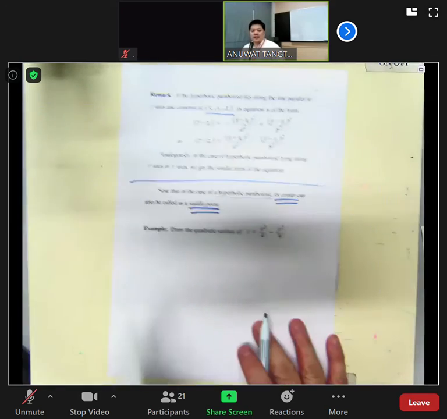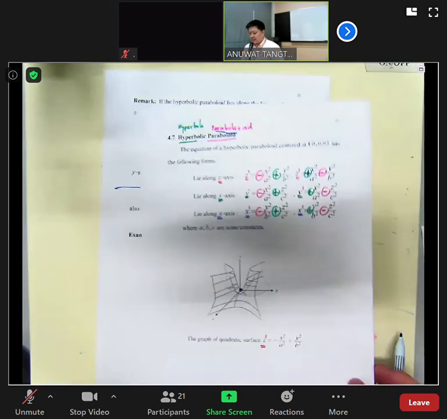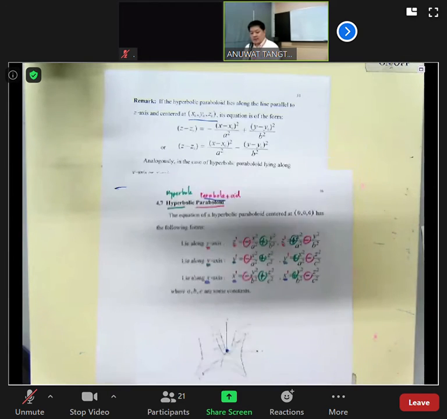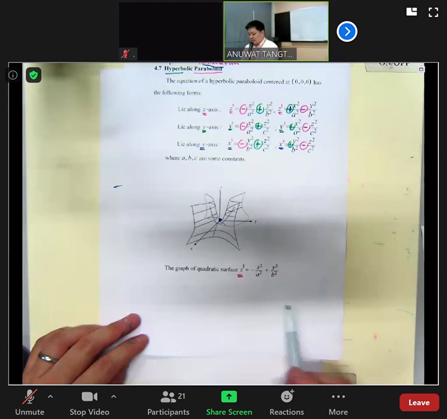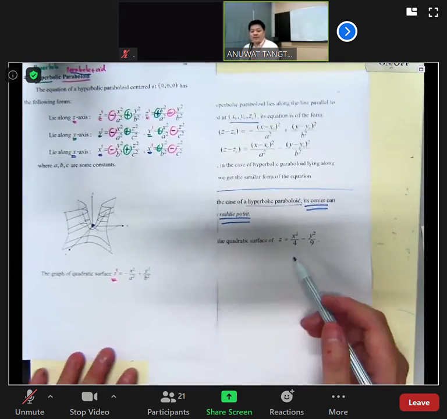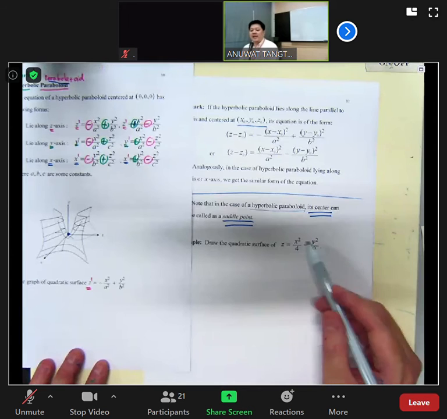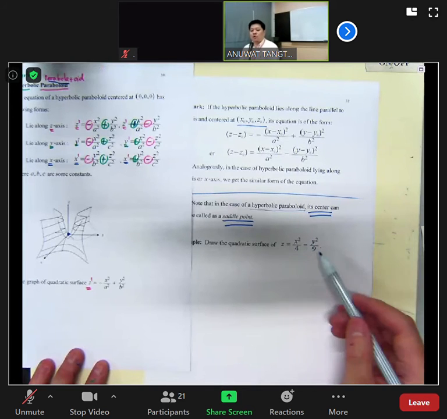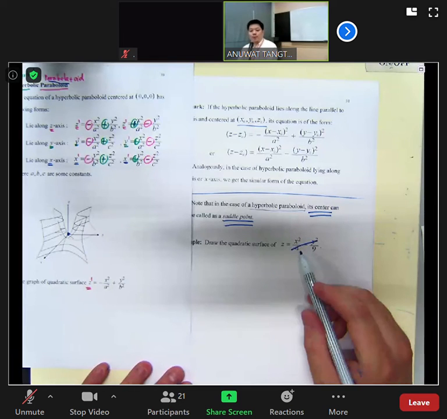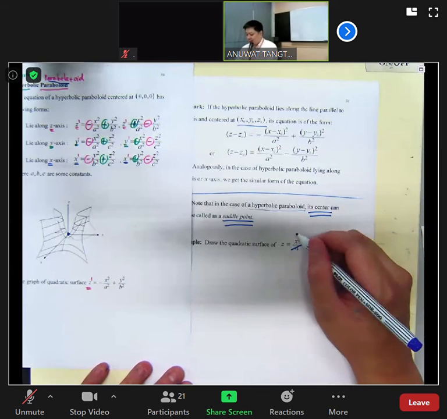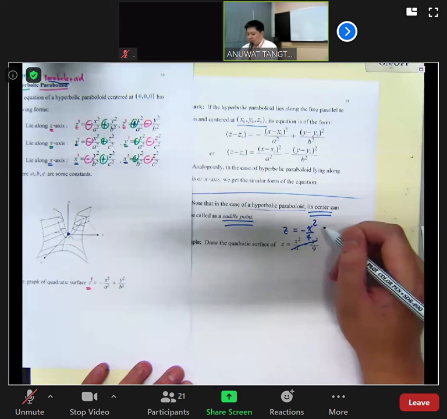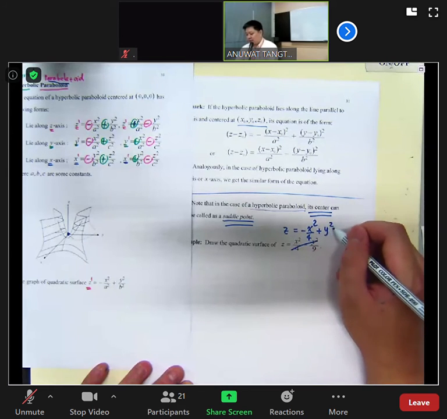Now let's try to draw the graph of this hyperbolic paraboloid. Let me just draw the shape of the graph like this. Let me change the problem a little bit, because in this direction it would be difficult to draw. Instead of positive x and negative y, let's change this to z equals negative x squared over 4 plus y squared over 9.